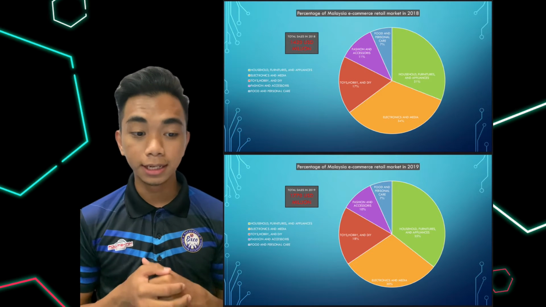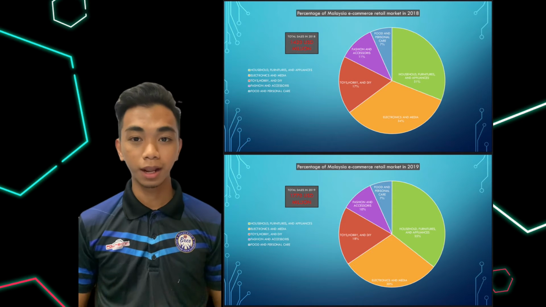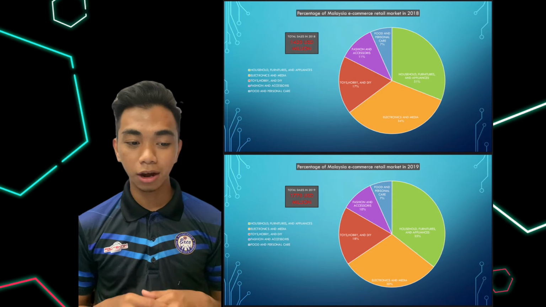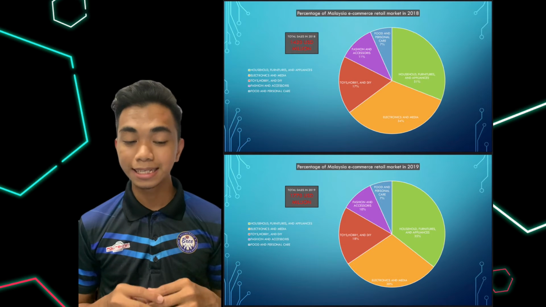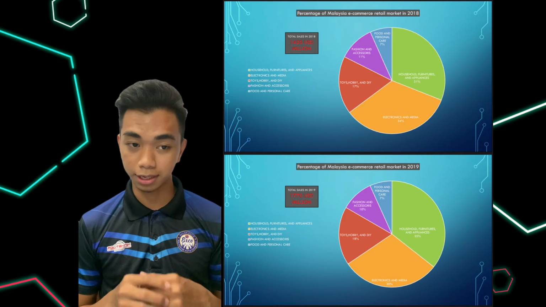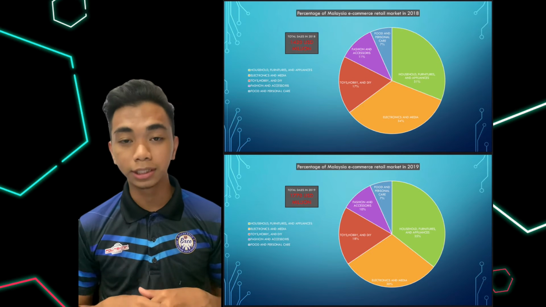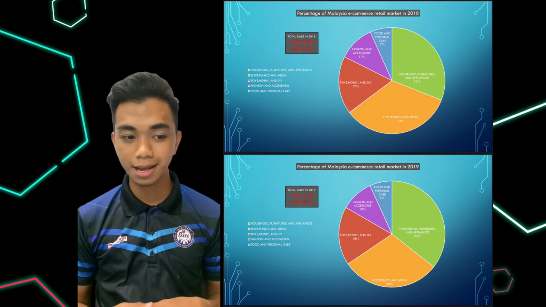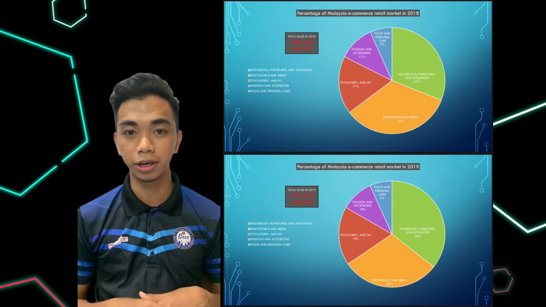Secondly, the orange part, that is electronic and media. The percentage of electronic and media by the total sales decreased 4% from 34% in 2018 to 30% in 2019. Next is the red part, that is toys, hobby and DIY.